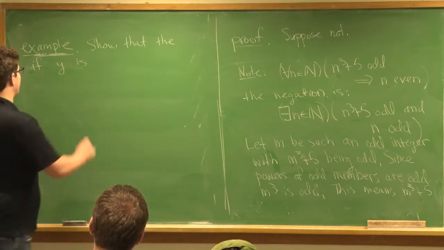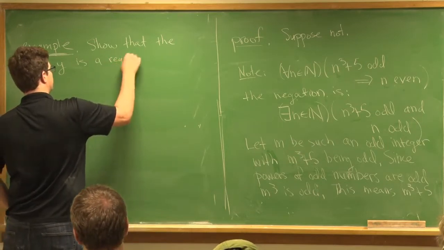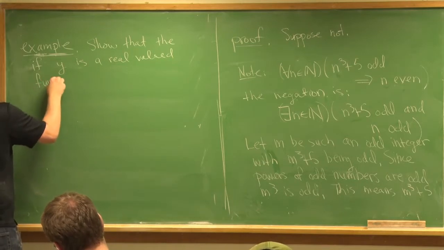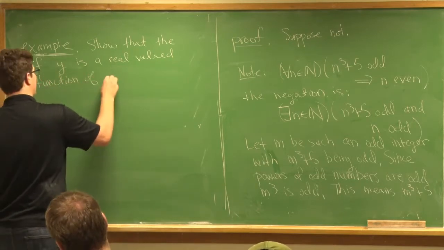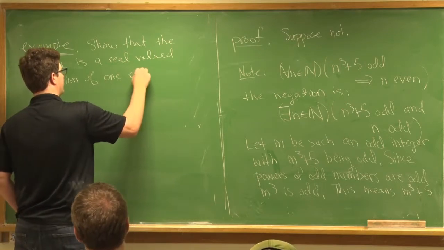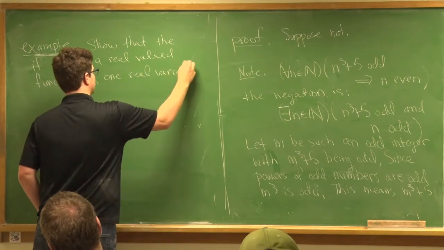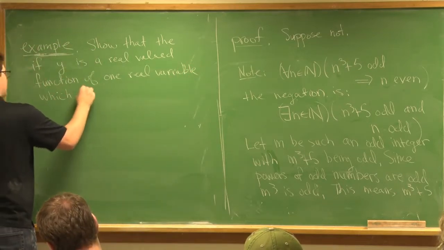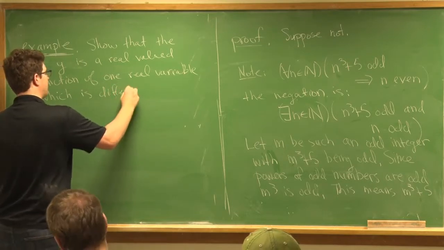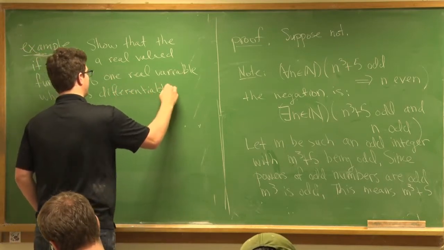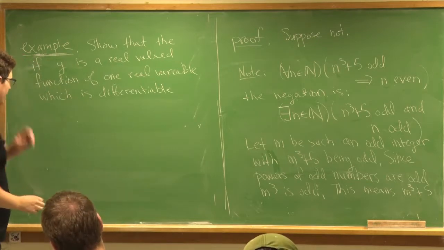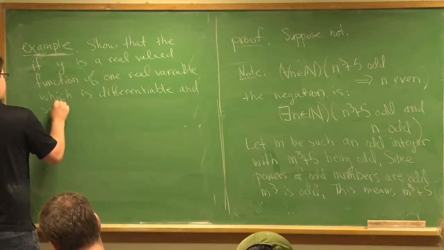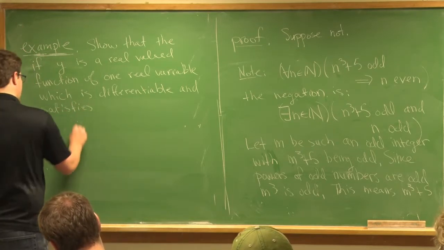So if y is a real valued function of one real variable, like in calculus, which is differentiable, all this stuff I'm just saying so that what follows makes sense, and satisfies the following equation.